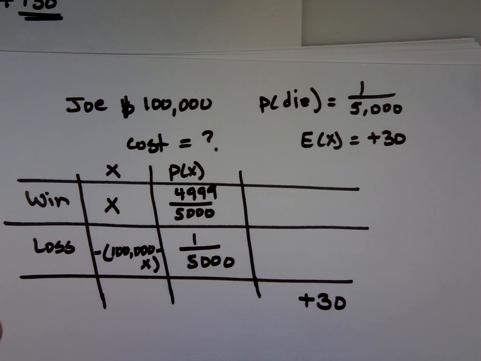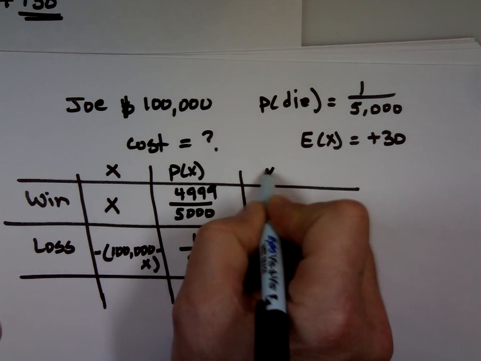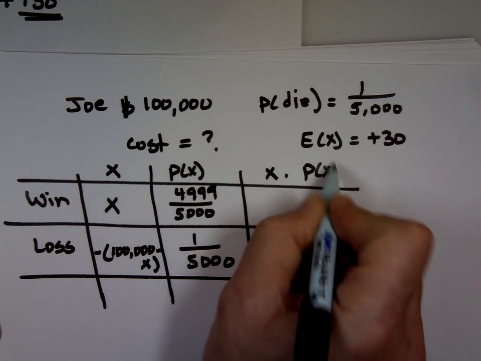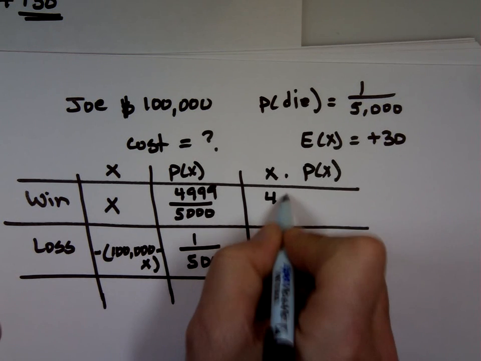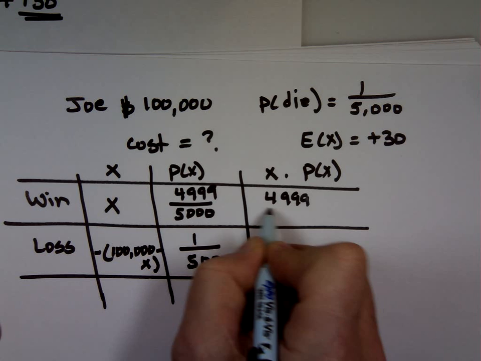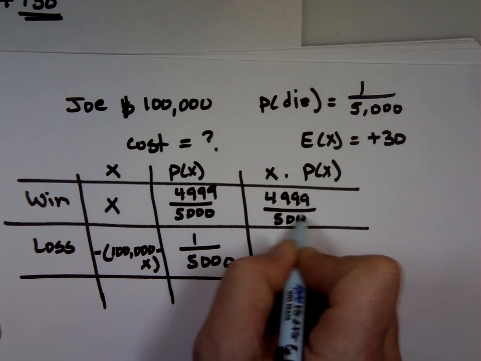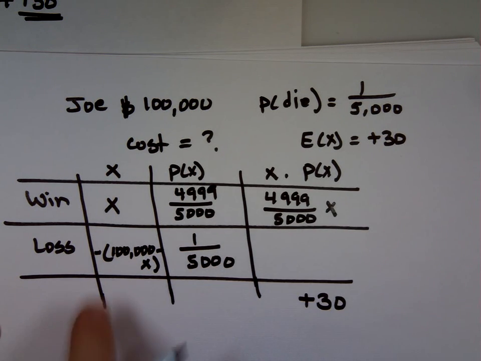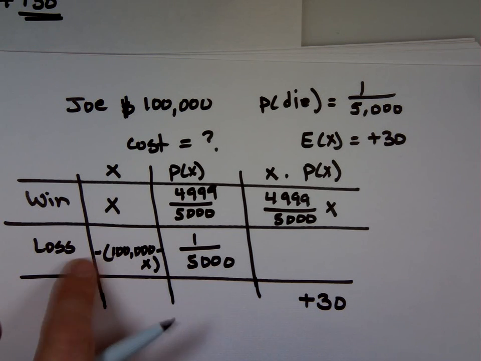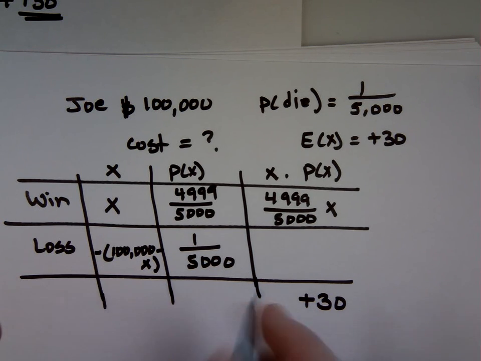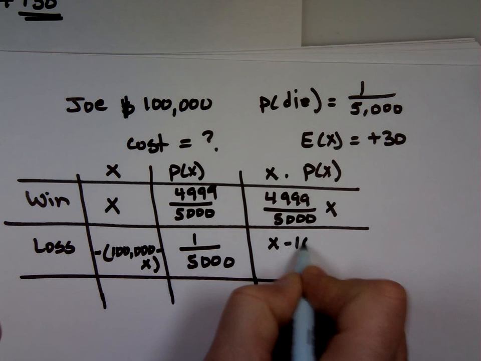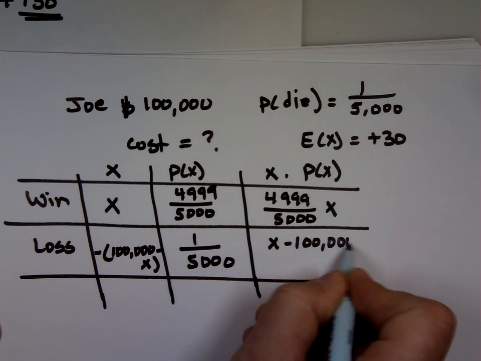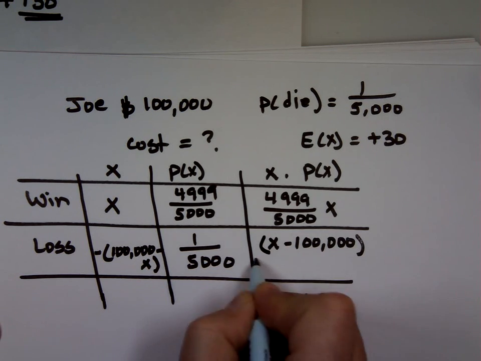So now X times the rest of X here. This will be 4999 over 5,000 X. If you do the math, isn't that X minus that number? Mathematically? Yeah. That's really X minus 100,000, because it's a minus in the front, over 5,000.